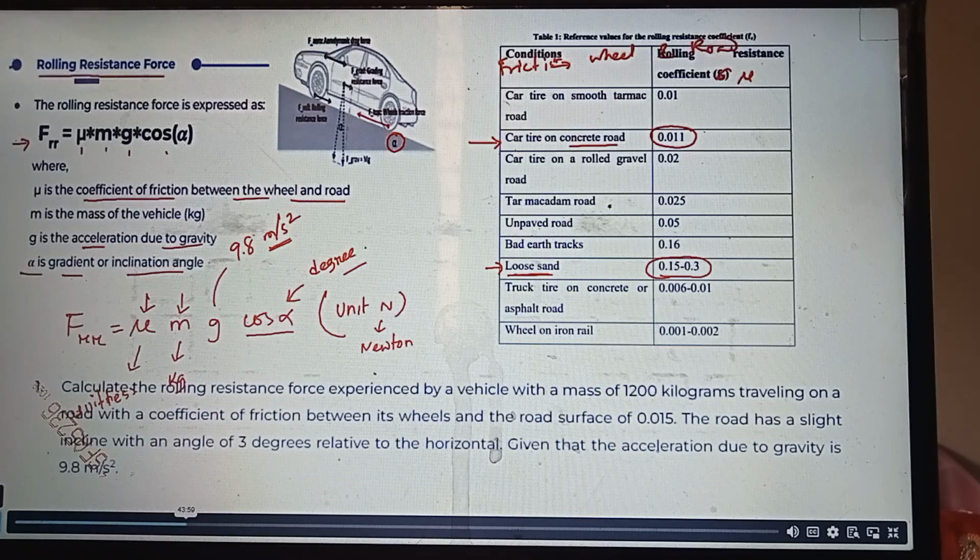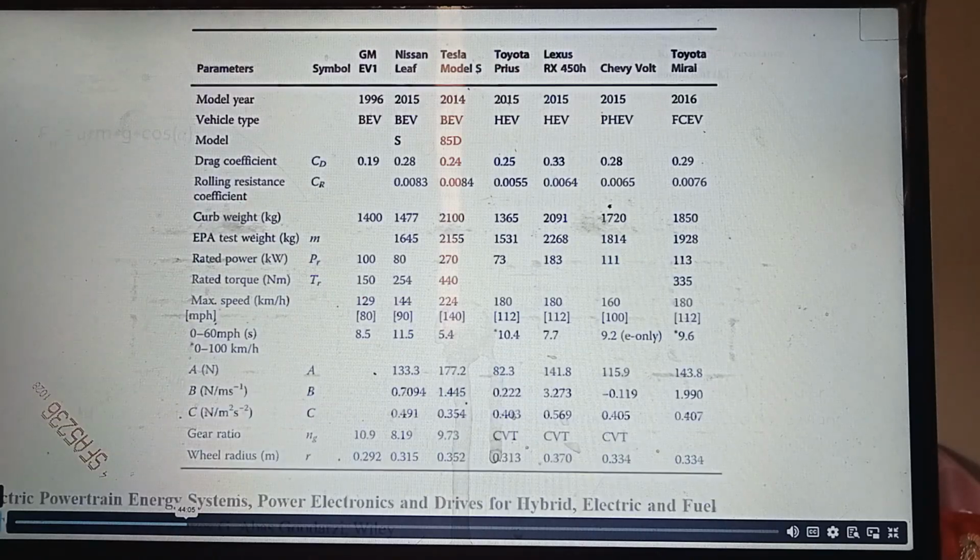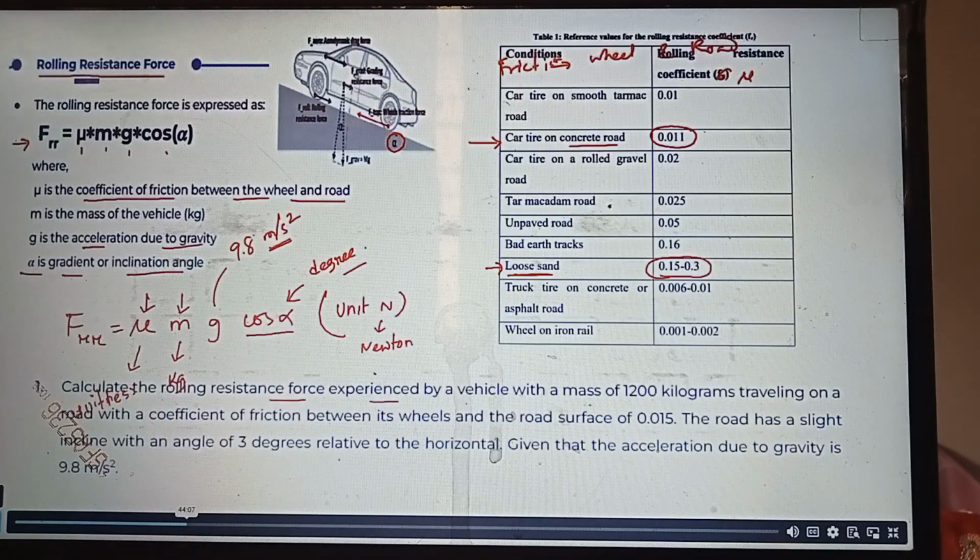The problem says, calculate the rolling resistance force experienced by a vehicle with a mass of 1200 kg, that means m equal to 1200 kg, traveling on a road with a coefficient of friction between its wheels and the road surface of 0.015.